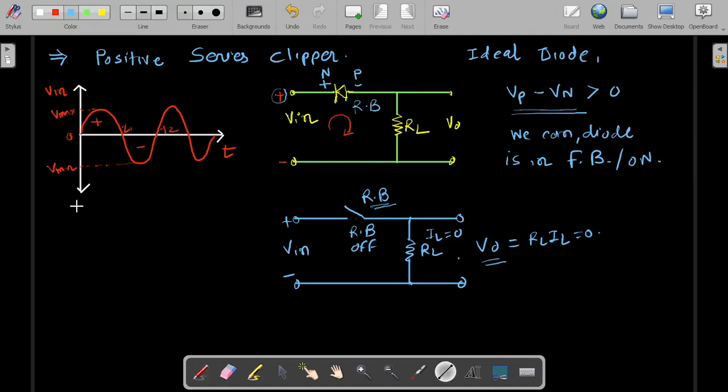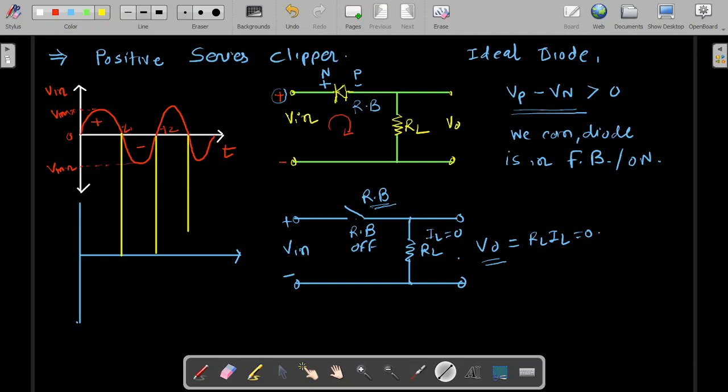If I draw the output signal aligned with this input signal, you can draw it this way. For proper understanding, I'm drawing it like this. So for our case, the output for the positive half is nothing but 0.